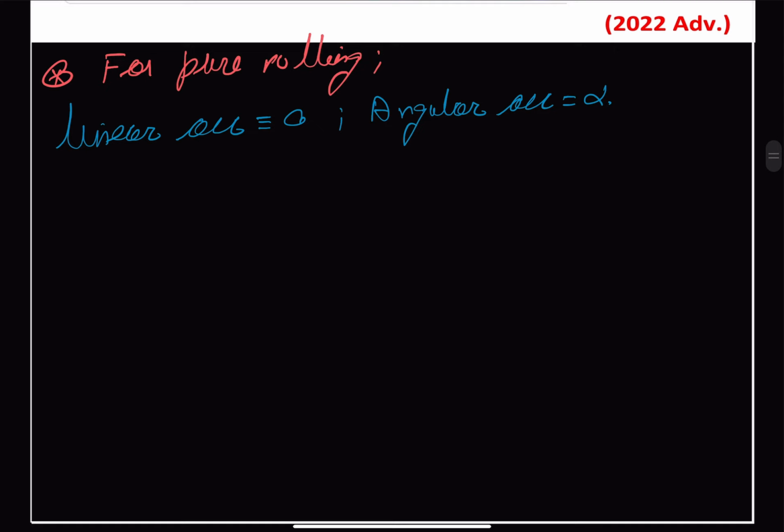The relationship between the two is a equals alpha times r.